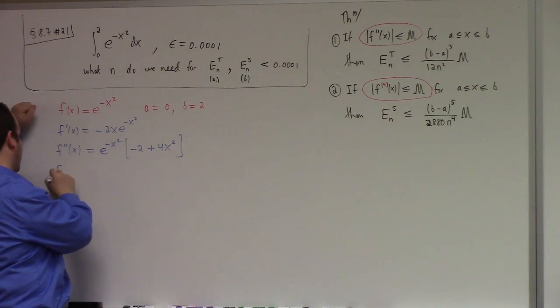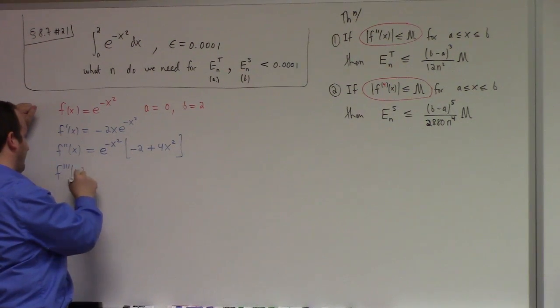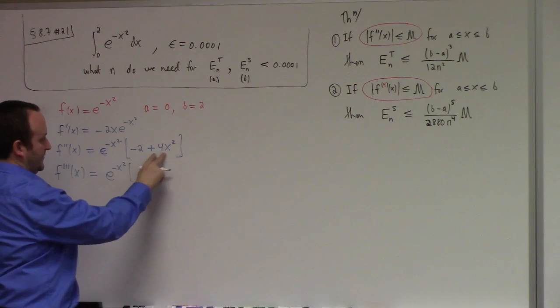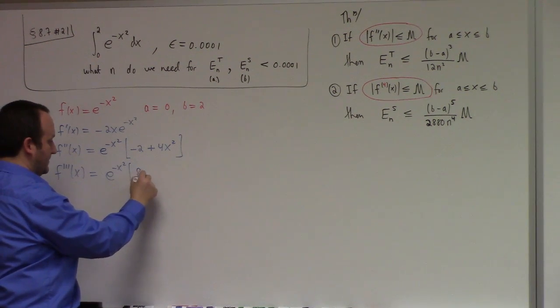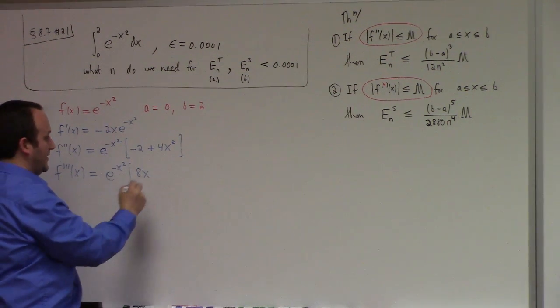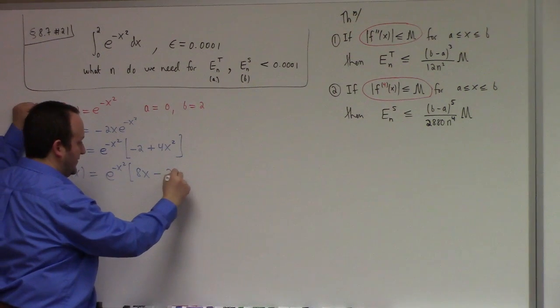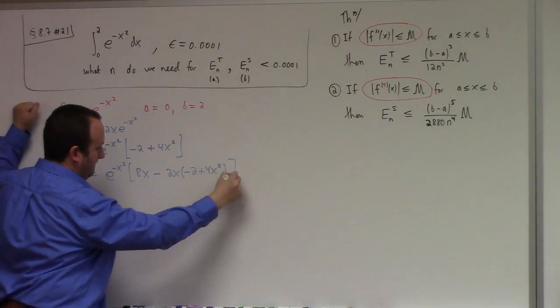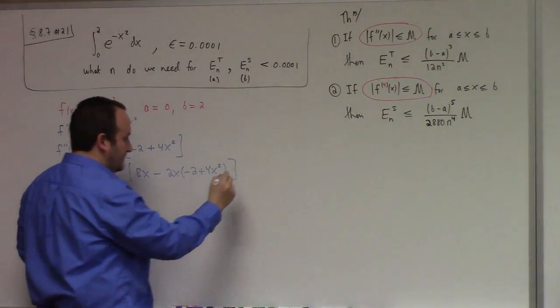I'll take a third derivative while we're at it. We have e to the minus x squared times what? Times derivative of this stuff, which gives me 8x. And then minus 2x times what's there already. Let me clean it up.